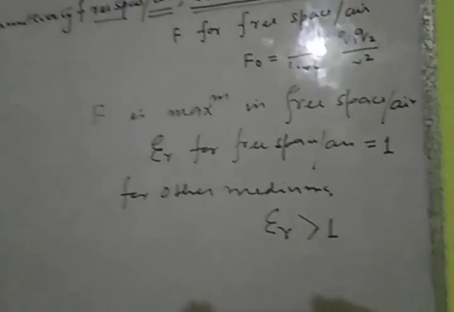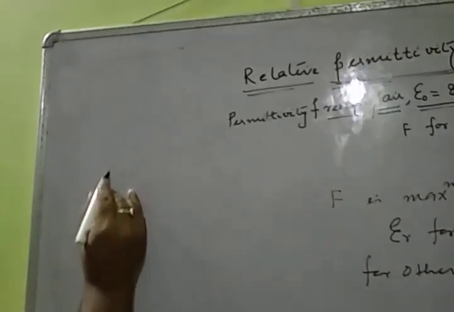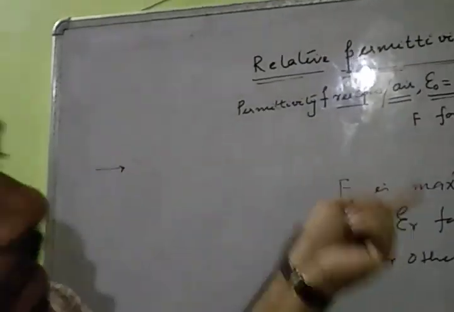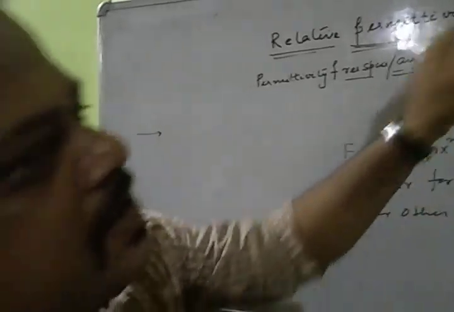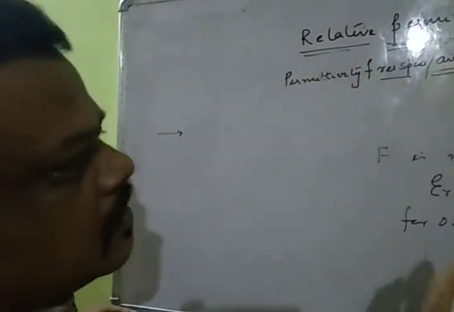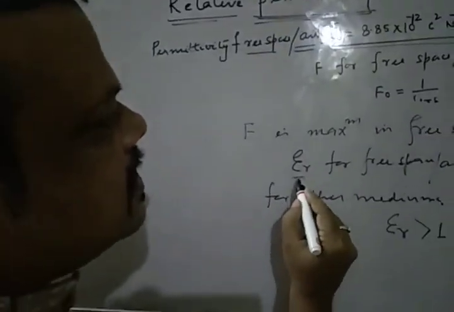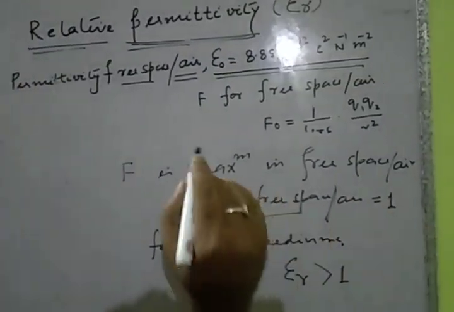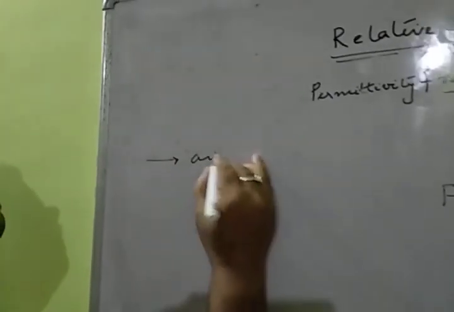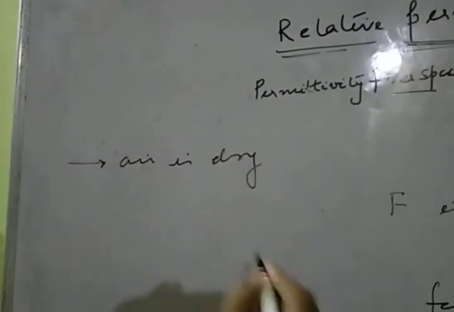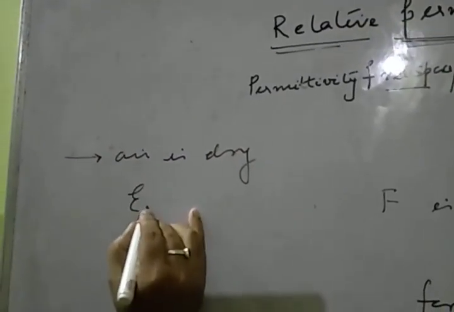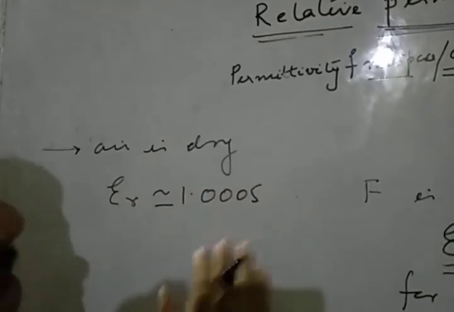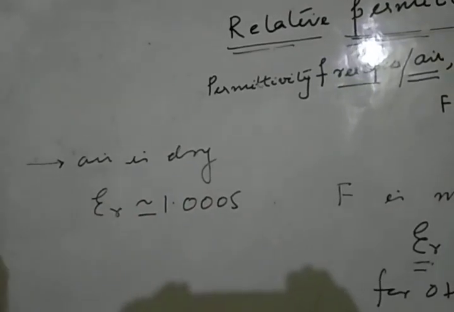Now, there is a second piece of information. Although we keep saying free space or air, the relative permittivity for free space or air equal to 1 holds exactly for free space. If the air is dry, it will be a little different; it is approximately 1.0005 for dry air.